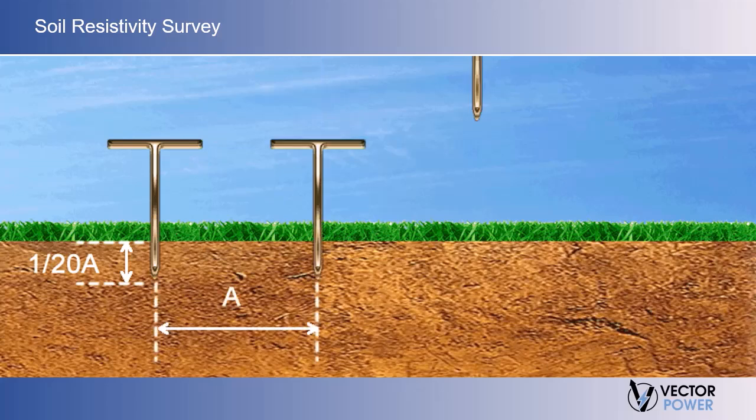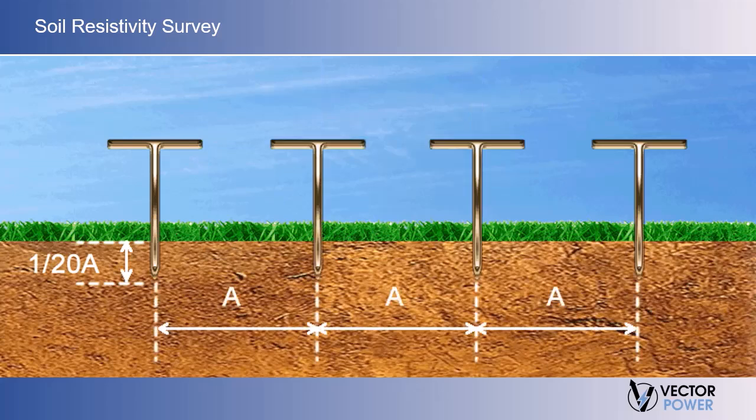Using the Wenner 4-terminal test method, we will space our 4 test electrodes an equal distance apart in a straight line with spacing equal to the depth to be tested. Since in our example we are testing to a 10-foot depth, our test electrodes will need to be spaced in a straight line 10 feet apart.